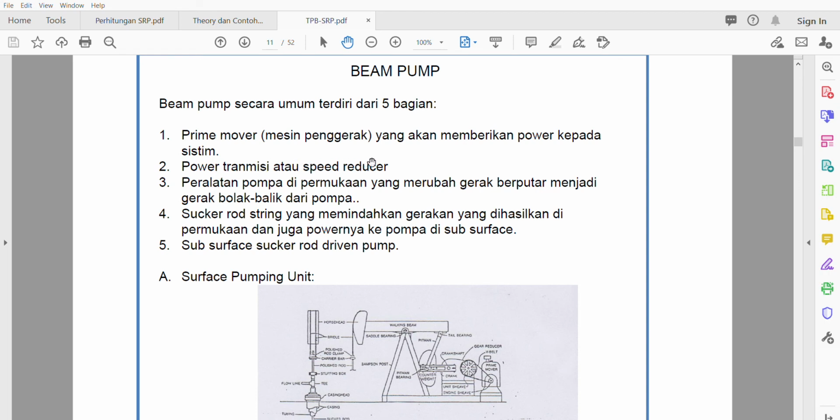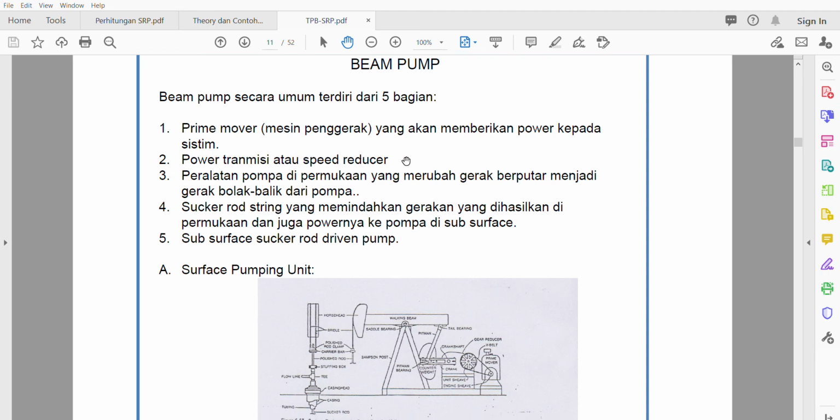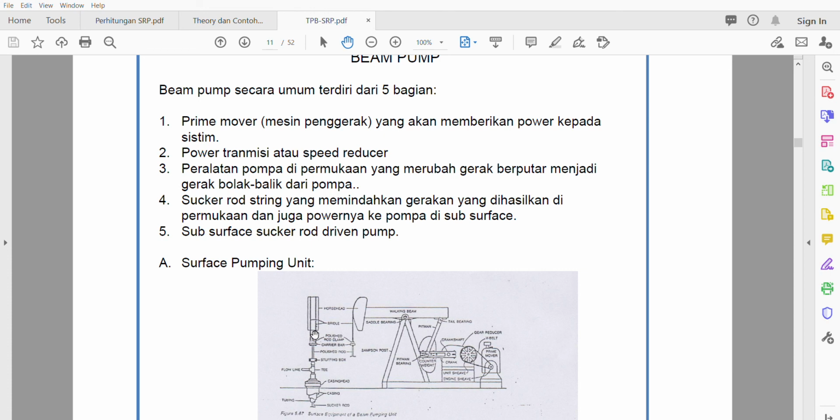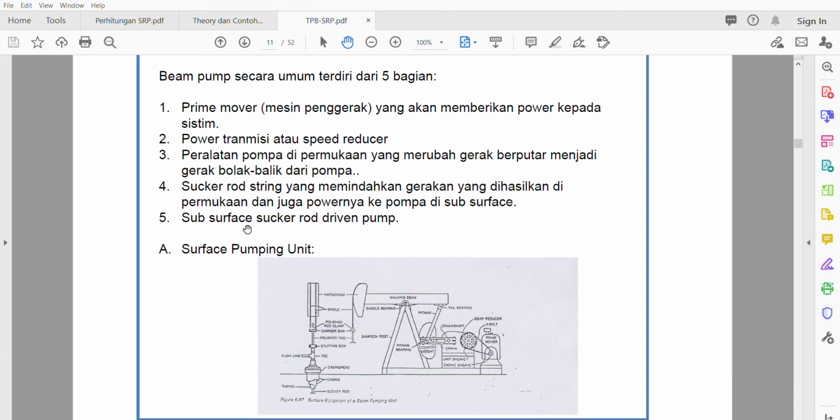Power transmission reduces the speed, so there is a speed reducer. Then the whole surface facilities, then the rod string, and the pump at the bottom.